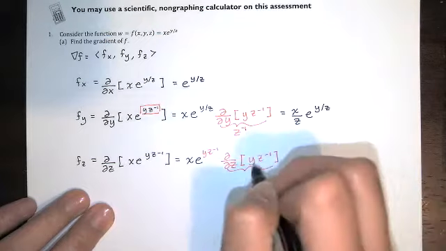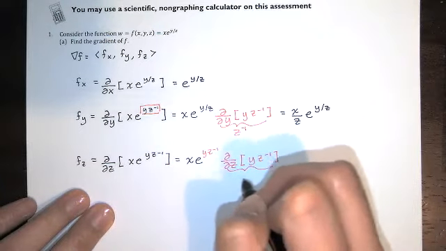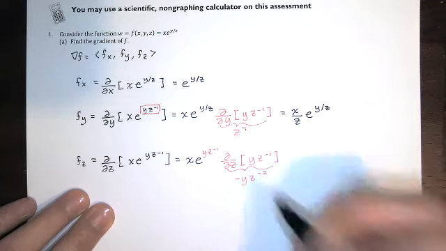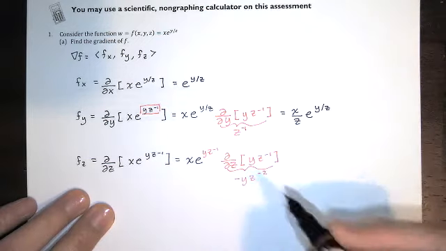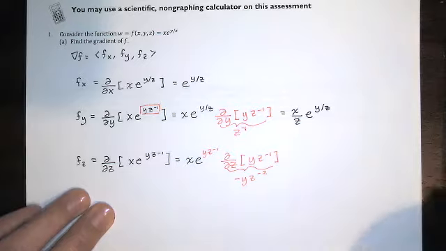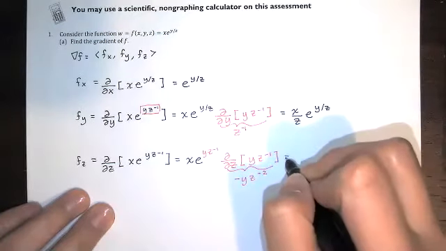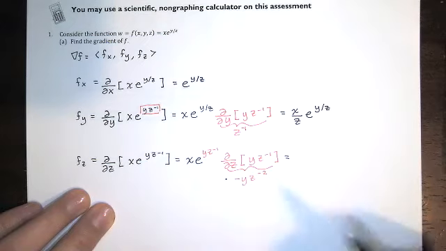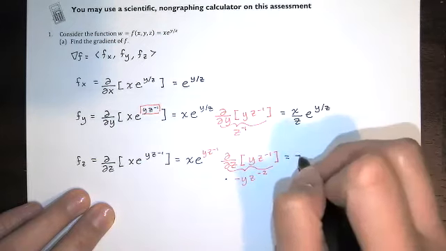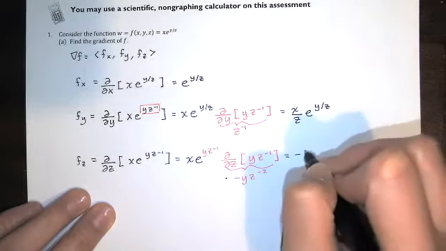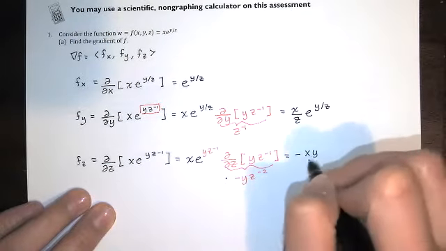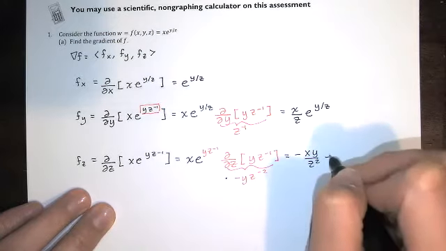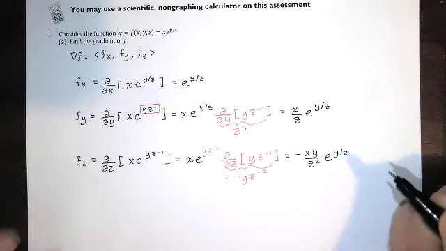The derivative of a constant times z to the negative 1 is that constant times negative 1 times z to the negative 2 power. So we bring the power down and we multiply by z to the 1 less power. So you've got this negative factor multiplying this exponential over here. So I end up with a negative xy, and that z to the negative 2 I can write as a z squared in the denominator times our exponential.